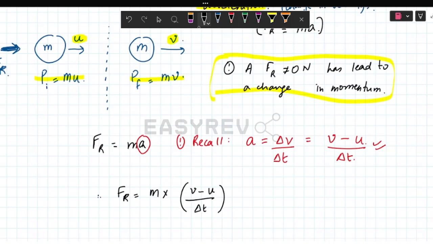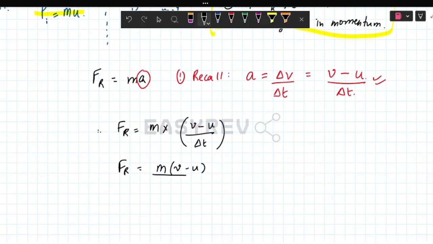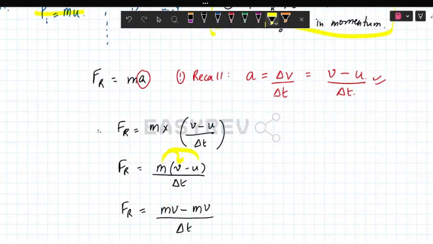Now it's just a matter of me simplifying things further. So I get resultant force equals m(v minus u) over delta t. Let me open up the bracket in the numerator and I get mv minus mu over delta t. All I did really was just multiply the mass with velocity v and then mass with velocity u.